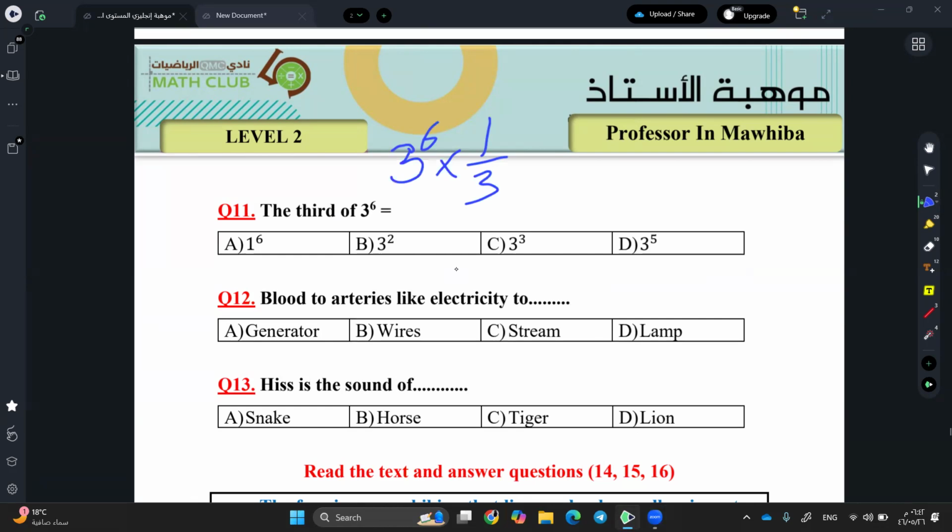It will be 3 to the power of 5 because you have to times it by 3. Excellent. So 3 power of 5. Because, as you said, here you have a 3 times 3 times 3 until you reach here. Here's 6, and then over 3, so 1 is going to be deleted. Now it is a 3 power of 5. Okay?